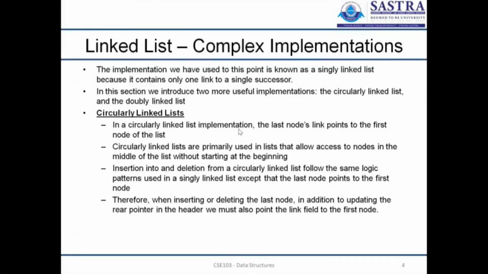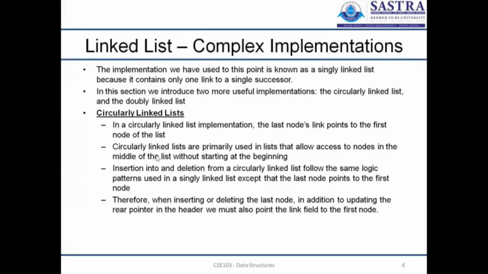In a circular linked list, the last node's link will be pointing to the first node of the list. Here the searching operations may be easy, but the difficulty is that it is difficult to find the last node. In a singly linked list, to find the last node, it should be pointing to null, and based on that condition we can perform the searching.